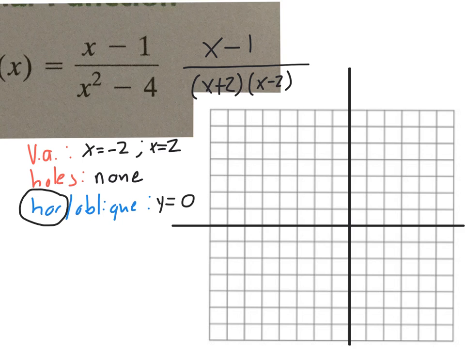Now there are 3 more things we're going to do each time. First, let's find out, does it cross the horizontal or oblique asymptote? How do you know? Okay, we're going to do that in a second. Then after that, we're going to find the x-intercept.